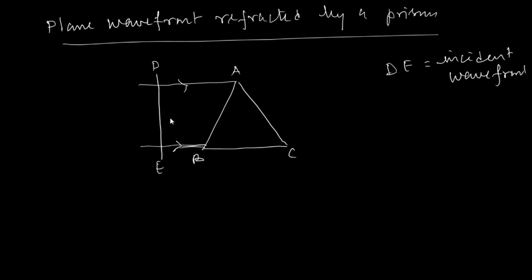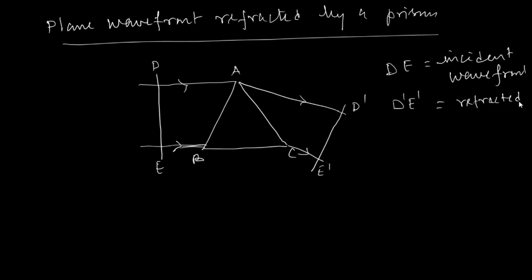Actually we should draw obliquely, but for your better understanding I have drawn like this. Now they get refracted, okay, and this is the refracted waves or rays, and this line is the refracted wavefront. Let me call it D dash E dash. Are you able to follow? So D dash E dash is the refracted wavefront.